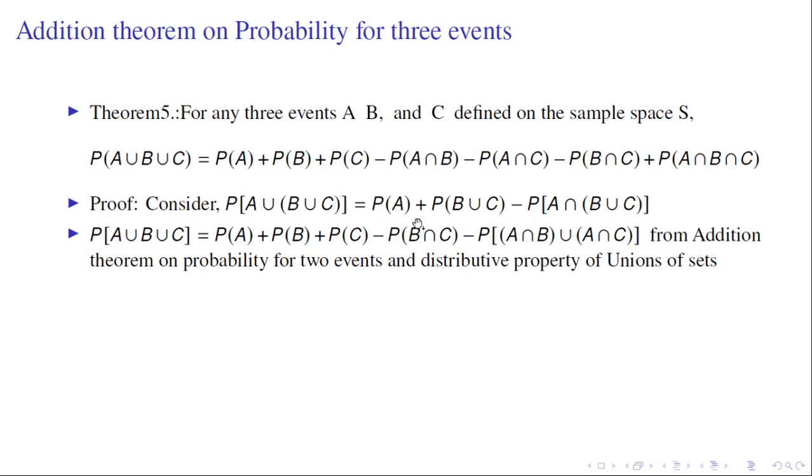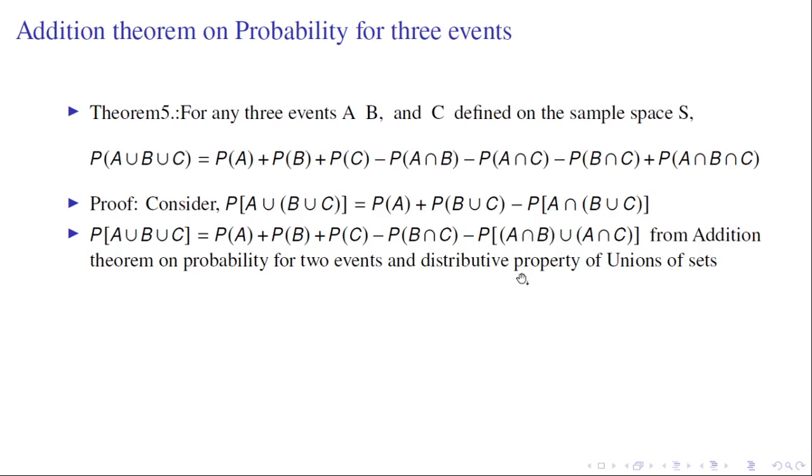Probability of A plus, again apply the addition theorem on two events: instead of probability of B union C, we can write probability of B plus probability of C minus probability of B intersection C. And this A intersection B union C we can write as A intersection B union A intersection C. We have seen this in the first slide itself.